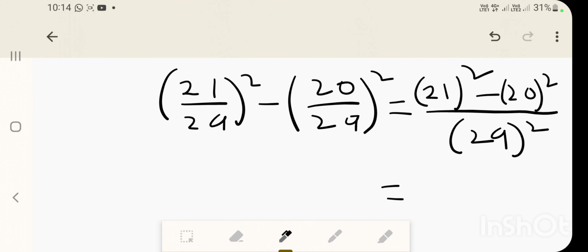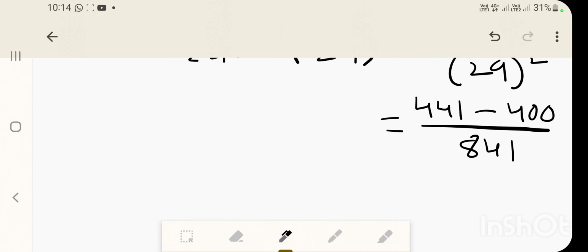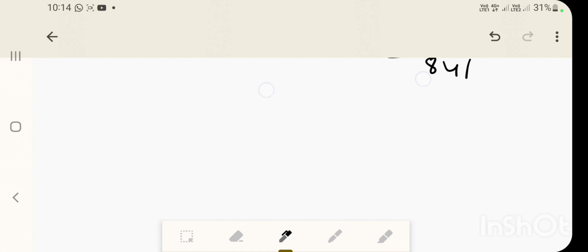So 21 square is nothing but 441, 20 square is 400, divided by 29 square, which is 841. So we get 441 minus 400, that is 41 by 841. So this is the answer we get for cos square theta minus sin square theta.